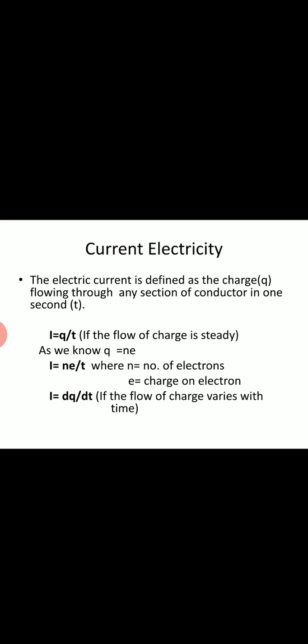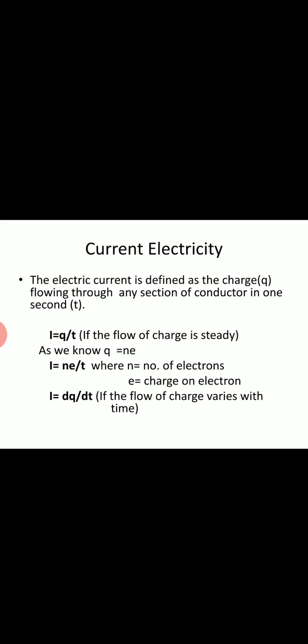All of you must have read in your first chapter about the quantization of charge. The quantization of charge says that the total charge is an integral multiple of the charge on an electron, which I have written as Q is equal to NE, where N is the number of electrons and E is the charge on the electron.